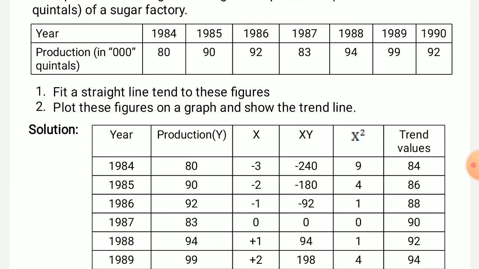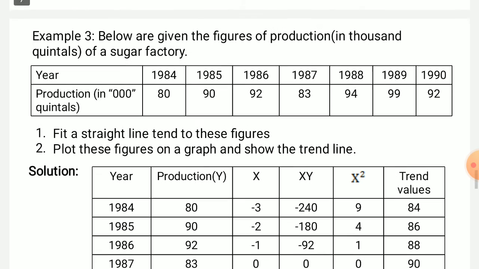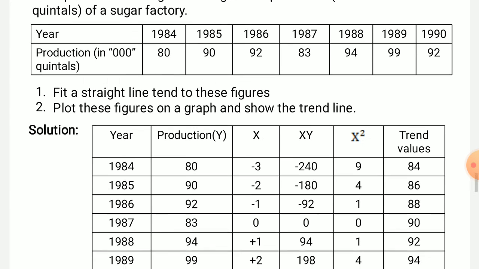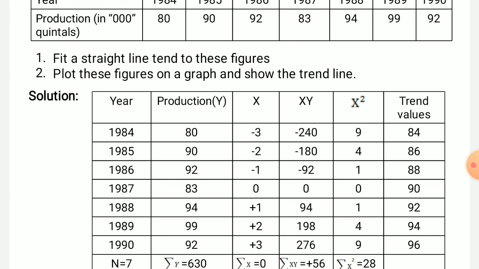So in the first column we take the year, and in the second column the production of sugar y. This production is treated as the variable y, and x is the unit of time.